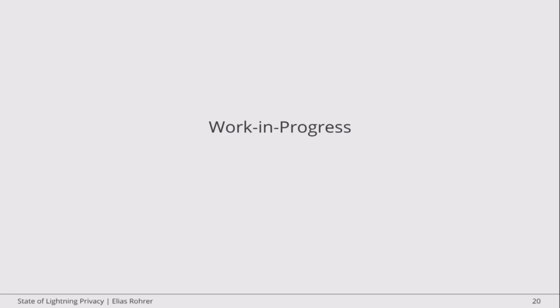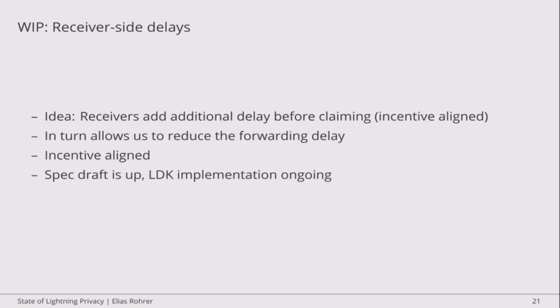Okay, so where are we at, basically? What is the current work in progress? How do we currently try to come to terms with these open issues? For one, we currently work on receiver-side delays. The idea there being that forwarding delays, while, as I said, can be helpful with anonymity, nobody really likes forwarding delays.